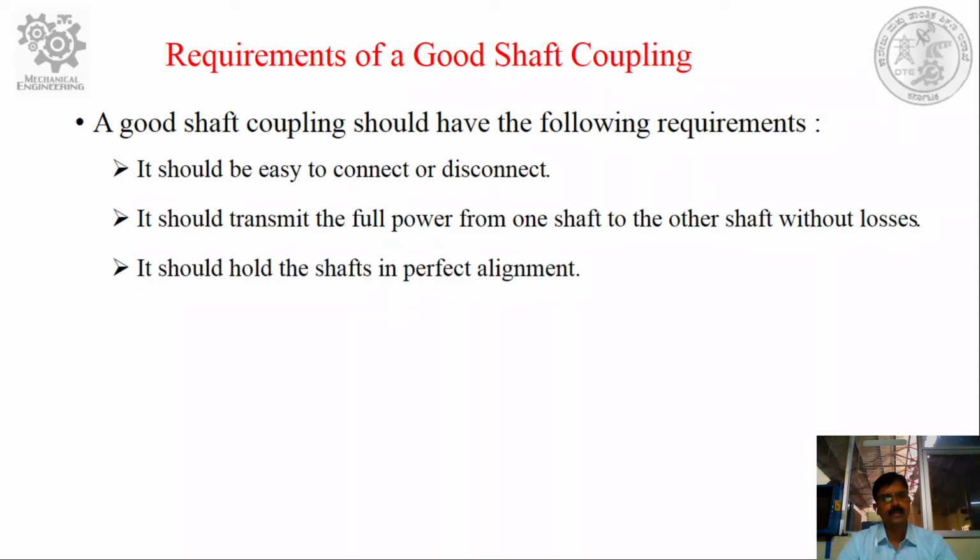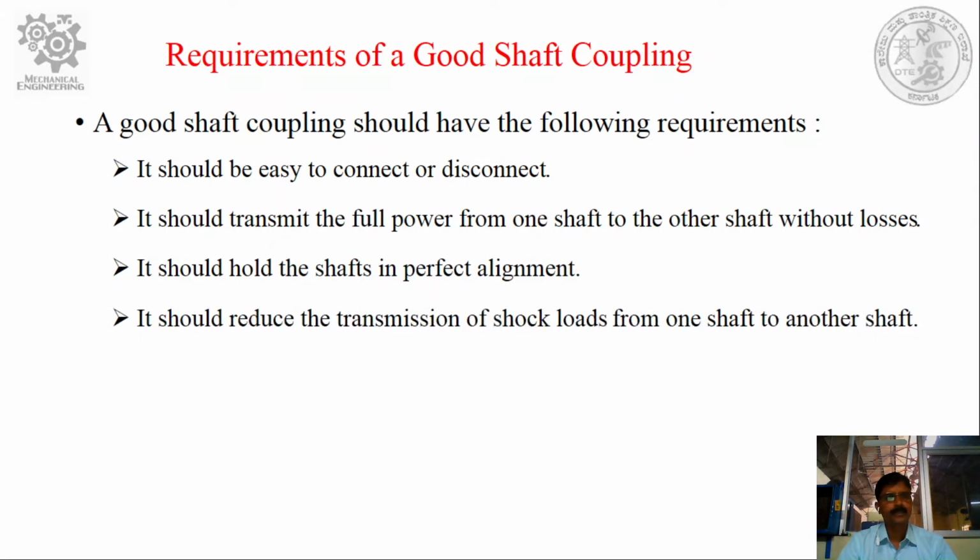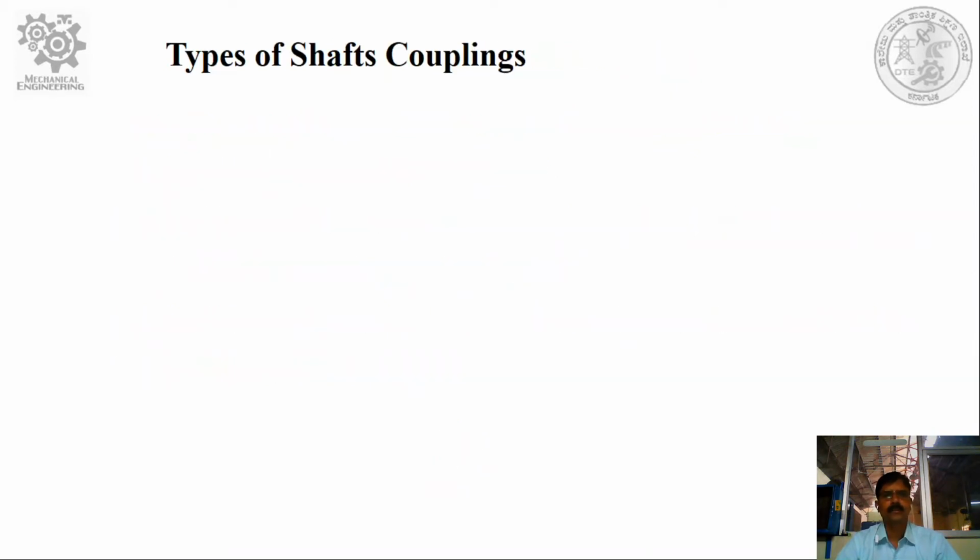It should hold the shaft in perfect alignment. It should reduce the transmission of shock loads from one shaft to another shaft. It should have no projecting parts. Now these are all the requirements of a good shaft coupling. Next move on to the types of shaft couplings.